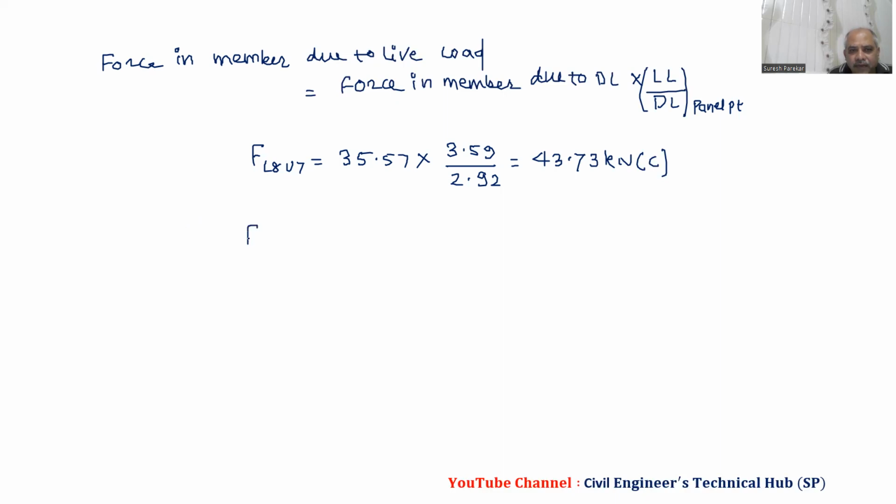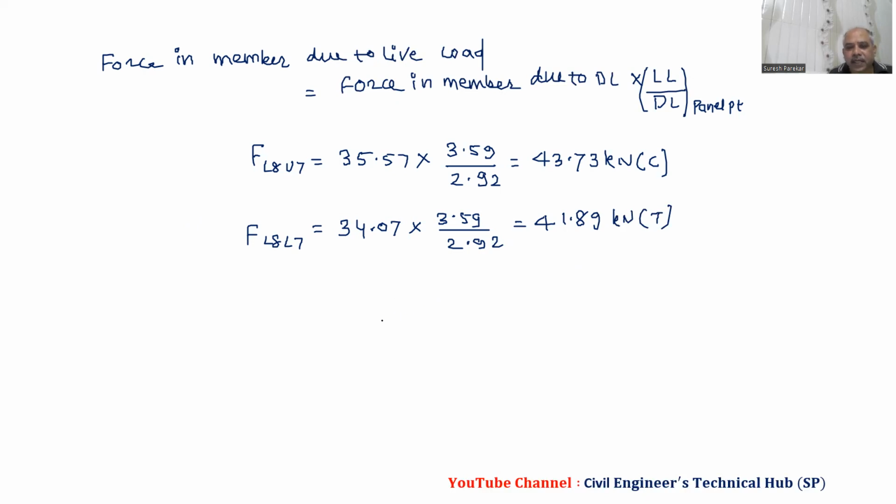And then we have FL8L7, 34.07 multiplied by 3.59 upon 2.92, which is 41.89 kilonewton tensile.